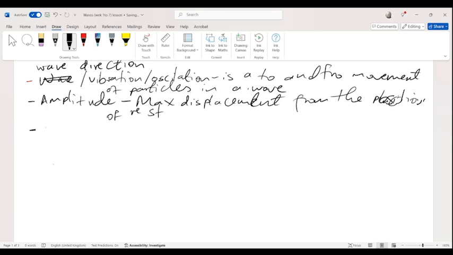So the number of wavelengths passing a specific point is called frequency.